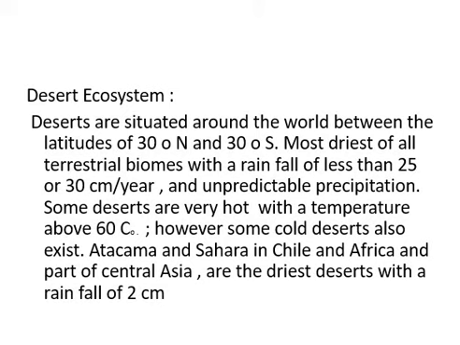Some deserts are very hot, with temperatures above 60 degrees centigrade. However, some cold deserts also exist in the world. Atacama and Sahara in Chile and Africa, and part of Central Asia are the driest deserts with a rainfall of 2 centimeters per year.